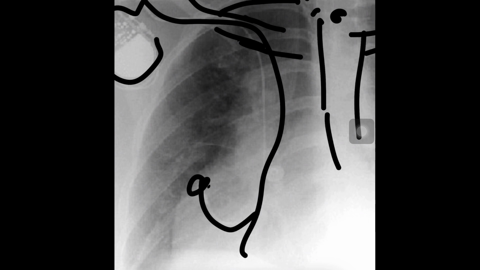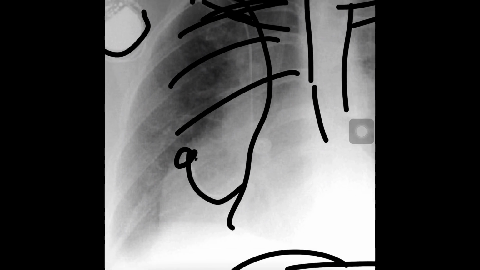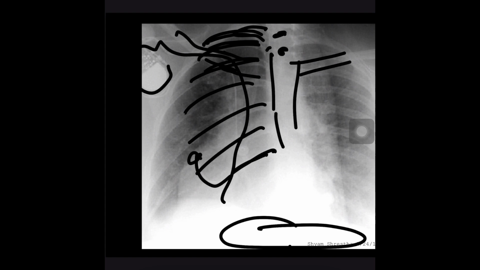So first, second, third, fourth, fifth, sixth, up to the sixth rib is clearly seen, and a little bit of the seventh rib also.